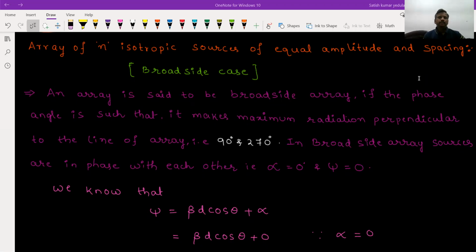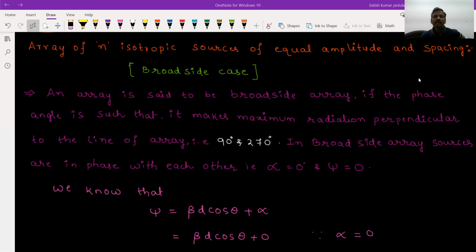In this video lecture, I'm going to present the analysis of n isotropic sources which are excited with currents of equal amplitude and equal spacing, and also excited with currents of equal phase. That means it is nothing but the broadside case of an n element array.